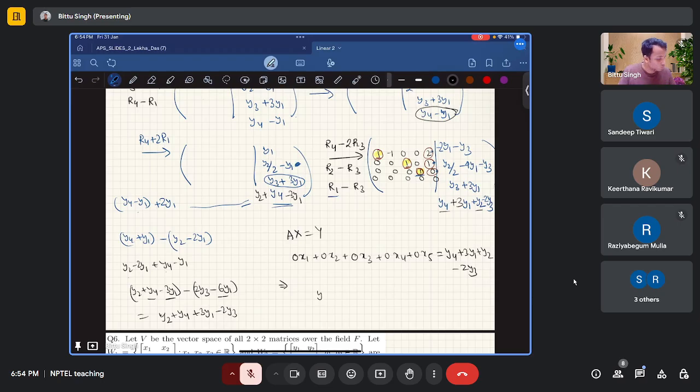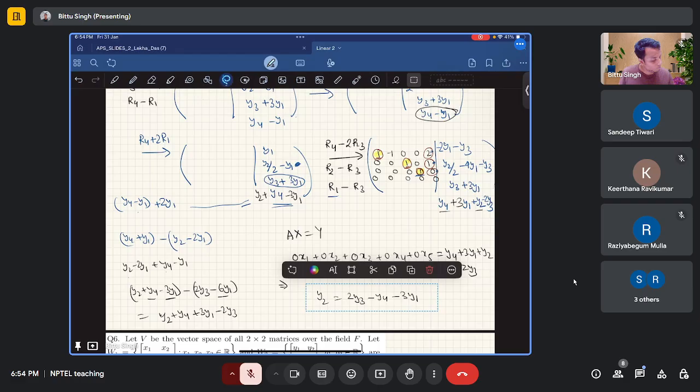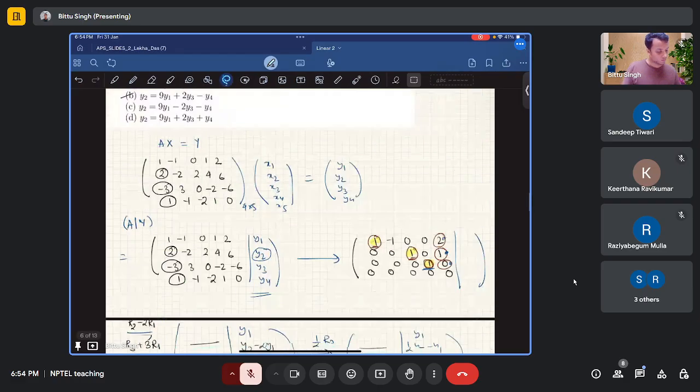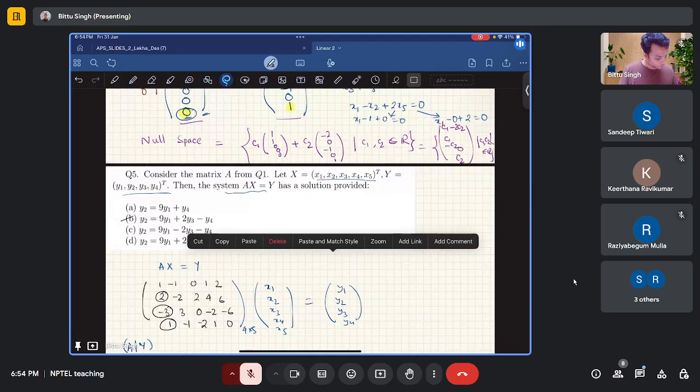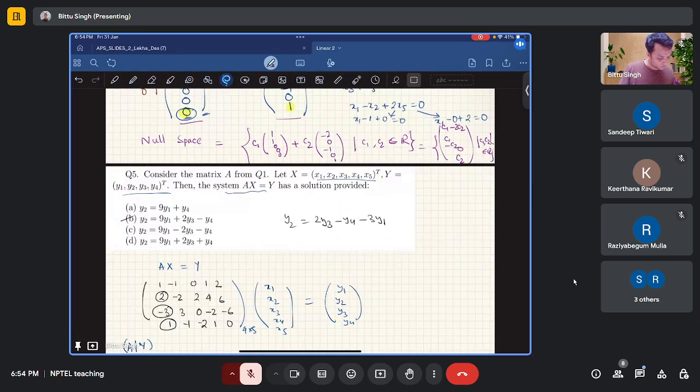The correct thing is y2 is equal to 2y3 minus y4 minus 3y1. Right? Yes, sir. Let me copy it. Can you check if it is matching with something? It is not actually matching. I may have made a mistake there also.